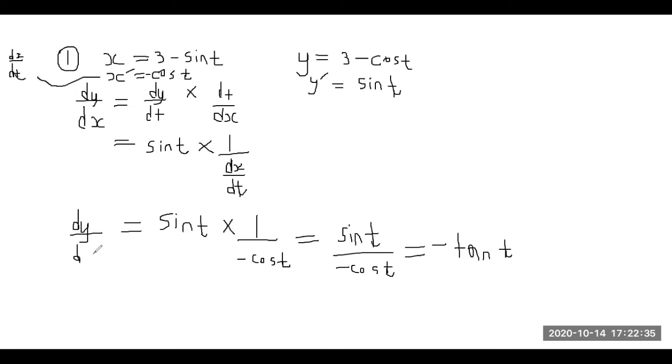Let's say we wanted to find the second derivative. The second derivative, d2y/dx squared, is given by d/dt of dy/dx divided by dx/dt.